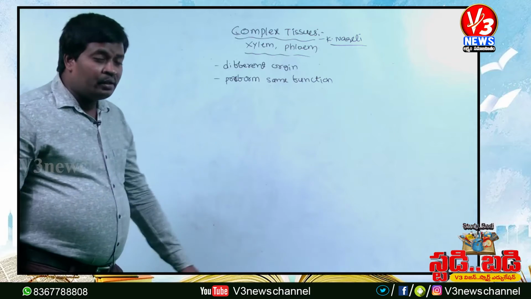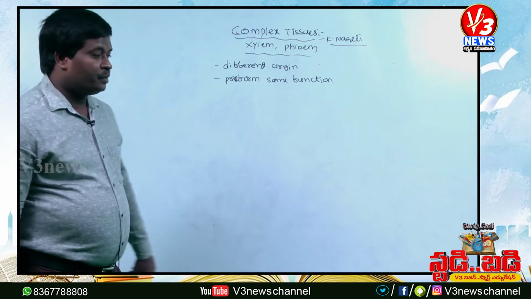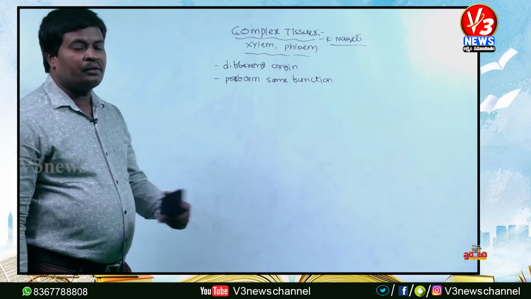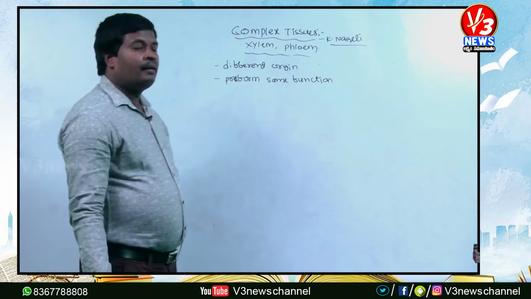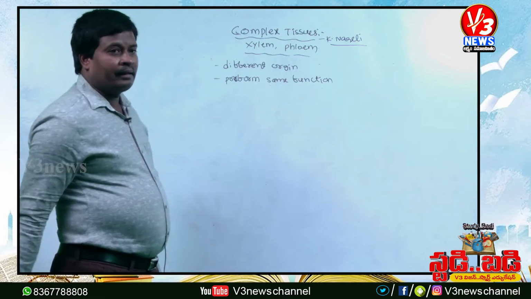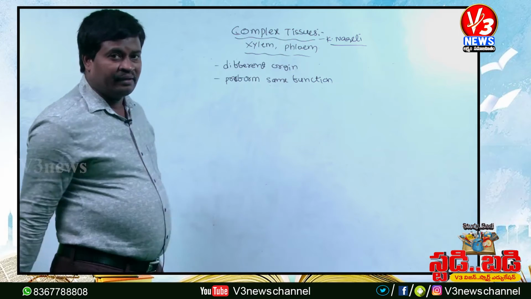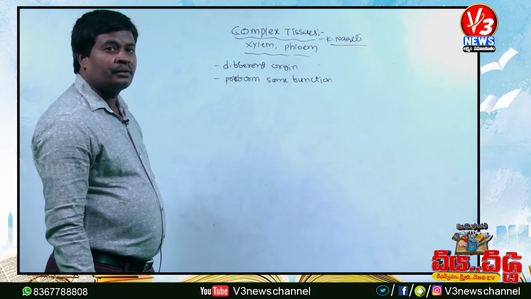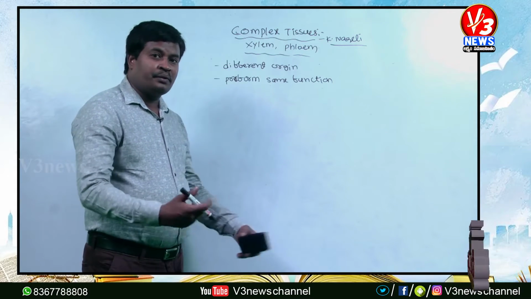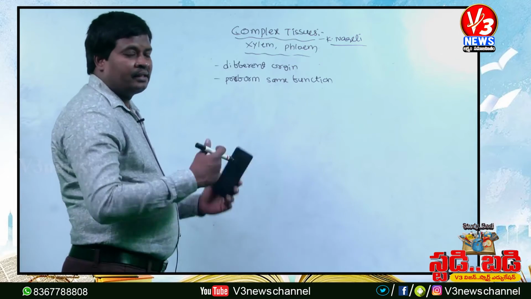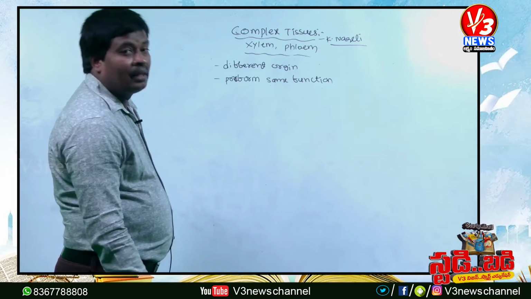So, permanent tissues, there are two types. What are the two types? Simple and complex tissues. Simple tissues, parenchyma, collenchyma, sclerenchyma, perform different functions, but have the same origin. In simple tissues, the cells perform the same function and have the same origin.